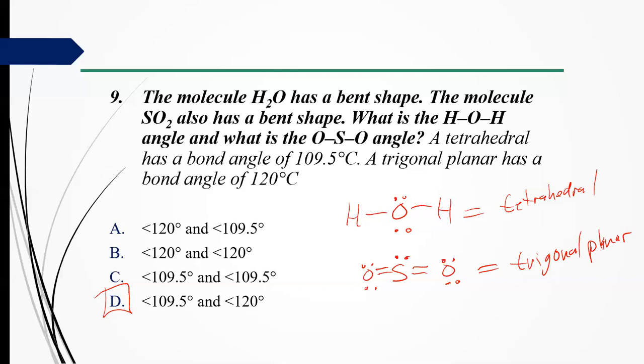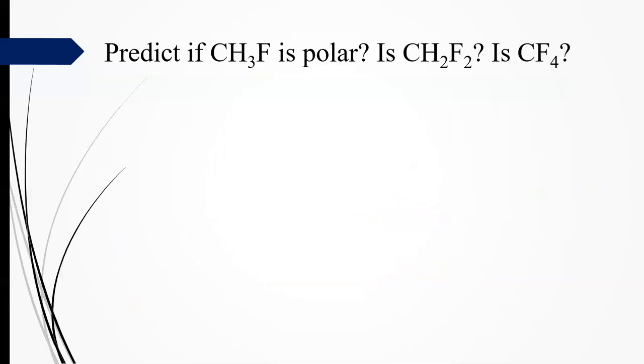And so we want all of this because we want to be able to predict whether your molecule is going to be polar or not. So this is an example of where we can think about our polarity. So each one of these is starting off with our carbon in the middle, surrounded by 4 atoms.